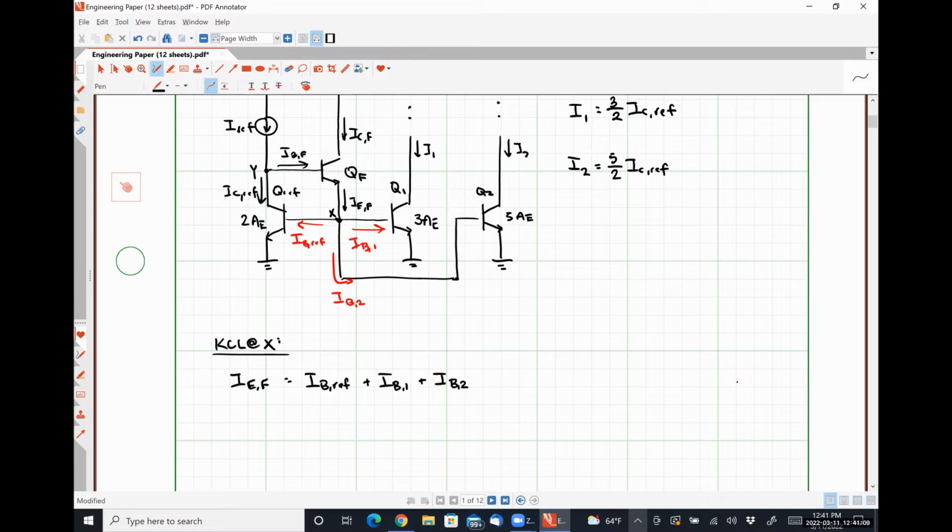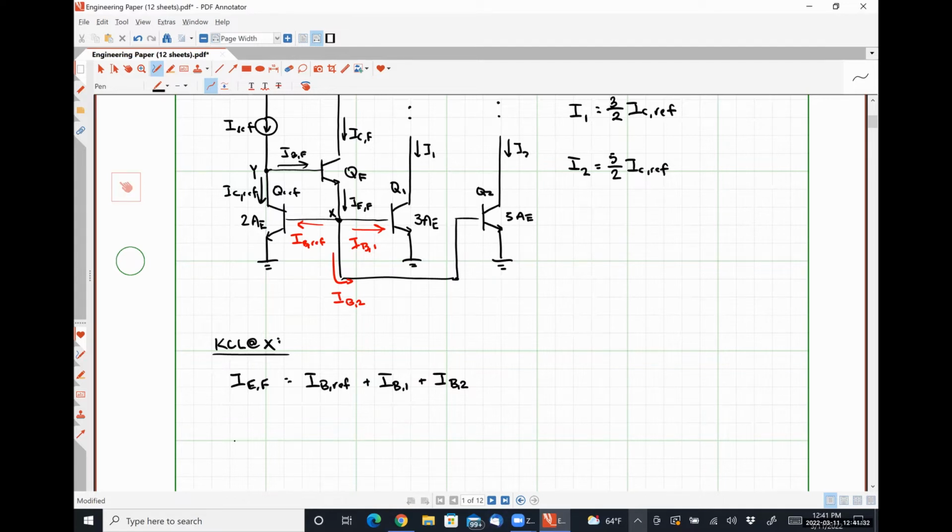Beta plus 1 over beta, or 1 plus 1 over beta, which are the exact same thing, right? Because the base current is 1 over beta times the collector current, and the emitter current is the collector current and the base current added together. So 1 plus 1 over beta, which is the same thing as beta plus 1 over beta.